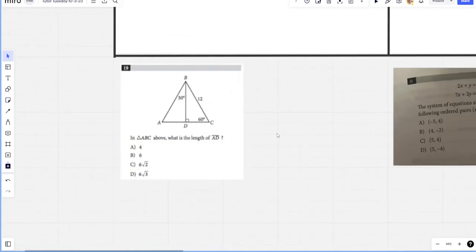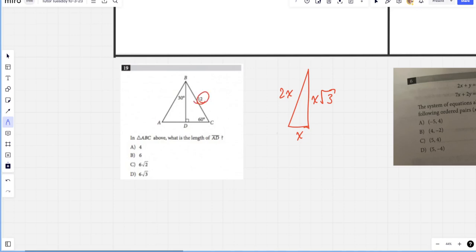So this is the first question that was submitted to me. It says, in triangle ABC above, what is the length of AD? Immediately I see that this is a 30, 60, 90 triangle. A 30, 60, 90 has a predefined set of side lengths, where the short leg is x, the longer leg is x root 3, and the hypotenuse is 2x.